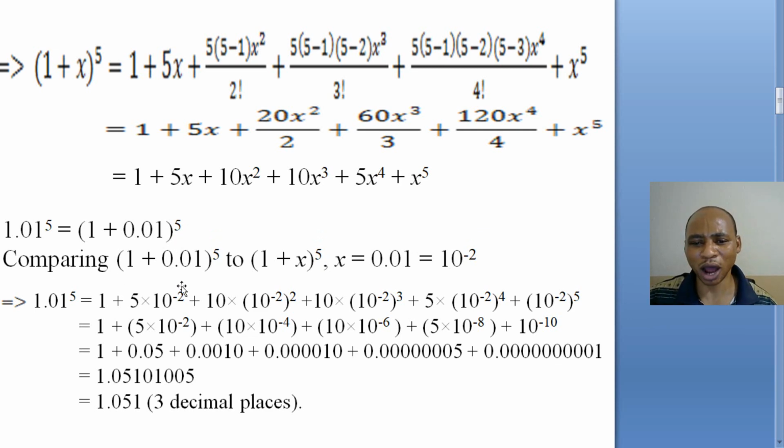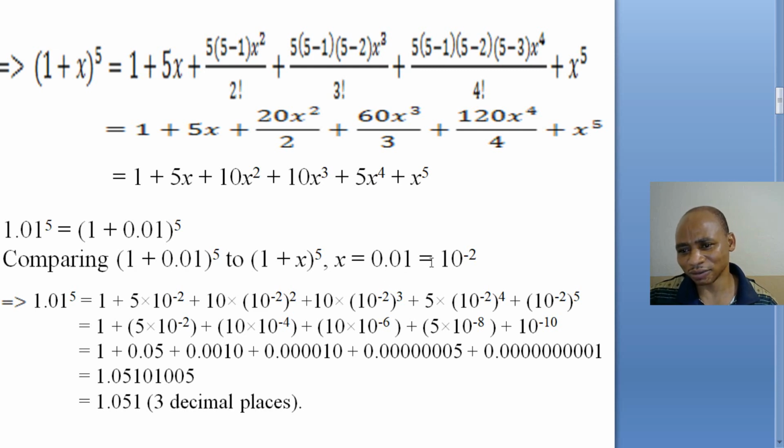Now comparing (1 + 0.01) raised to the power 5 to (1 + x) raised to the power 5, we will end up getting x being equal to 0.01.